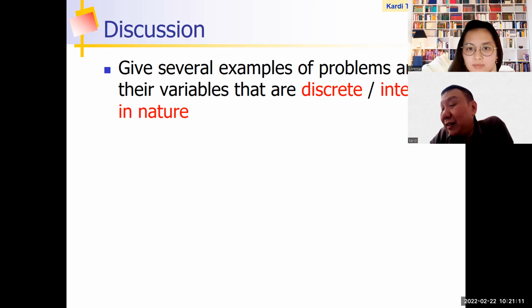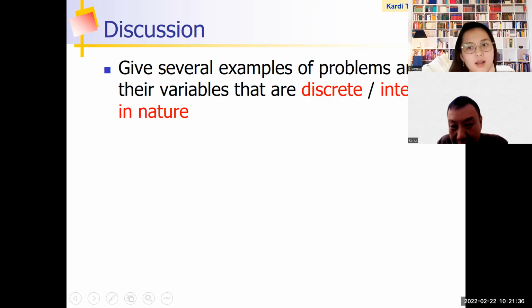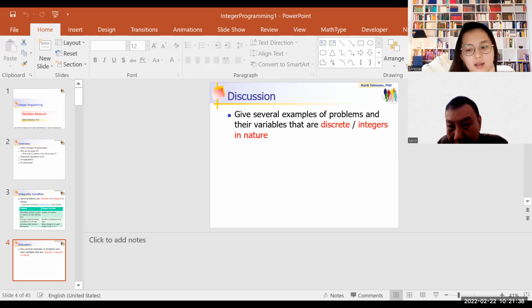Can you give me any other example? What do you want to find that is discrete in nature? Something that cannot be half. Any example that you can think of?